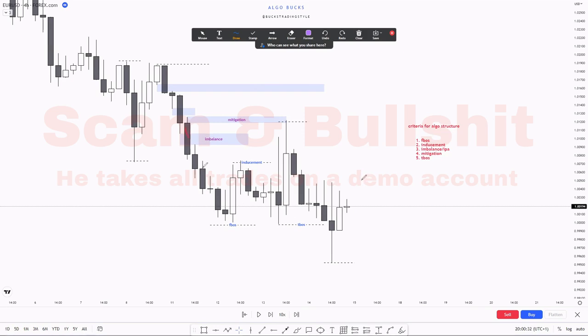So if it does this and comes to mitigate this POI, I will not take it because on this time frame, price did not take any liquidity. But what we are seeing here is price did this, came back down, and broke this structure. So this becomes a liquidity. When price took out the liquidity, this makes it a valid zone because price reacted from it and gave us an entry on the smaller time frame.